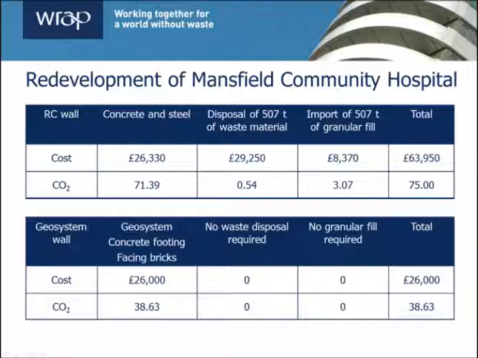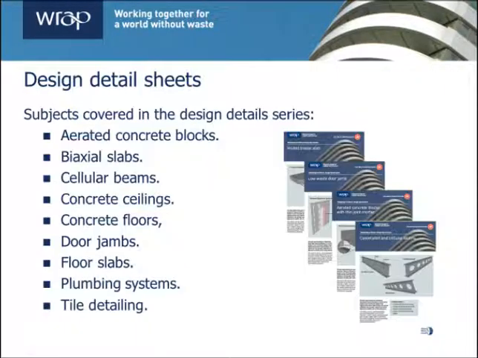All of the case studies that we have been looking at, together with many more, are available on the RAP and Zero Waste Scotland websites. In addition to the whole project case studies, there are a number of individual design detail sheets that provide guidance on how to reduce waste for specific building elements.